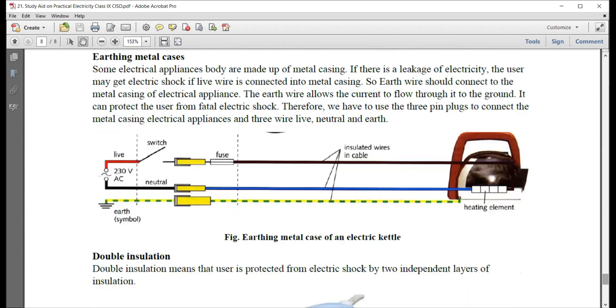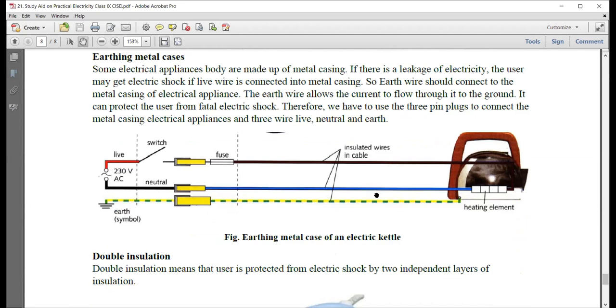Yesterday we also discussed why we are earthing an electric kettle. If it has a metal outer surface, we earth it. If there is plastic covering, we do not need the earthing, or we do not need the 3-pin plug. A 2-pin plug is enough if the appliance has plastic covering.